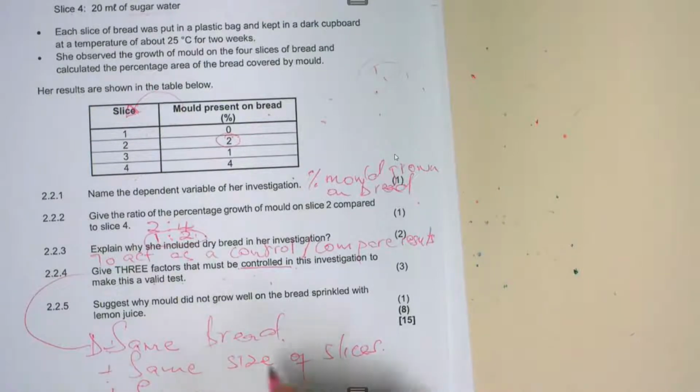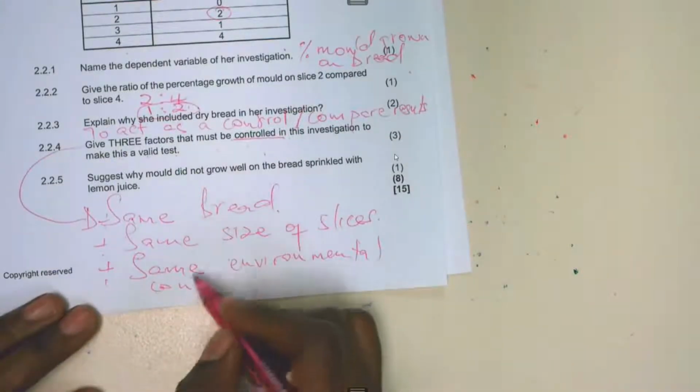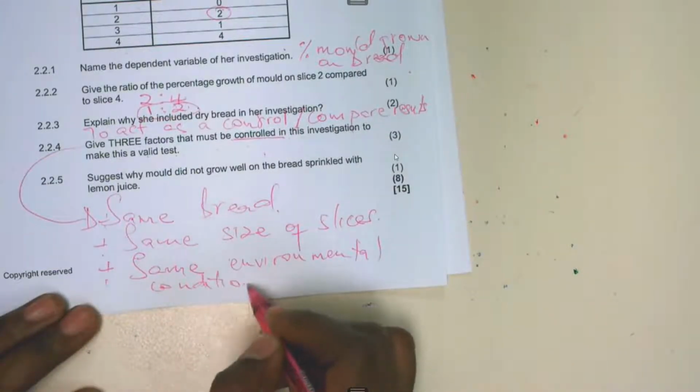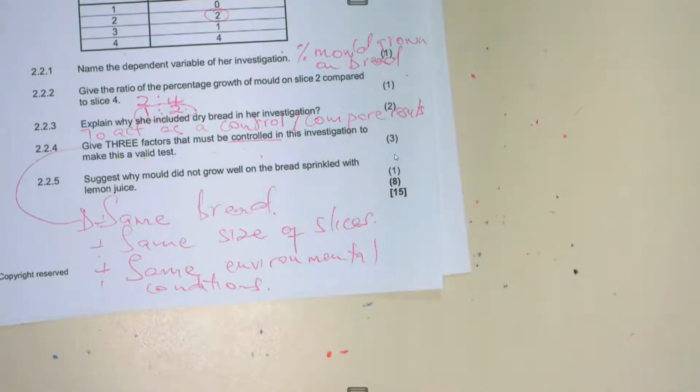Same environmental conditions. So those are the control variables, or factors that can be kept constant, or factors that can increase the validity of the test or the investigation.